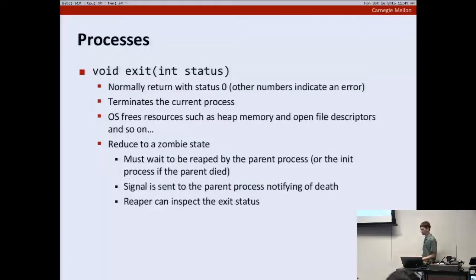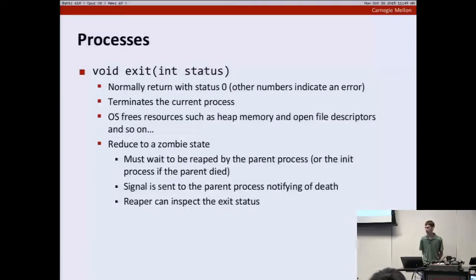Then there's another one, exit. Exit is pretty easy. You give it a status, which can be used to indicate what sort of error it was. 0 is typically the code for there wasn't an error, everything was okay. When you exit, it causes the program to terminate and reduces the process to a zombie state. It frees all the resources, whatever memory, whatever file descriptors, becomes a zombie, and then it'll just sit around until it gets reaped.